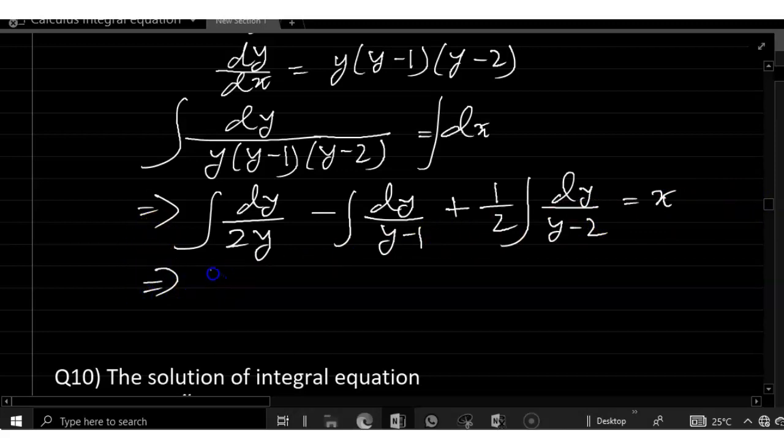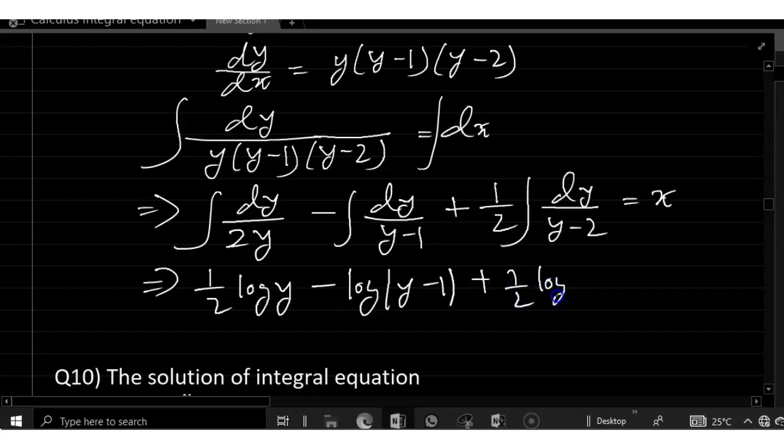That implies half log|y| minus log|y−1| plus half log|y−2| equals x.